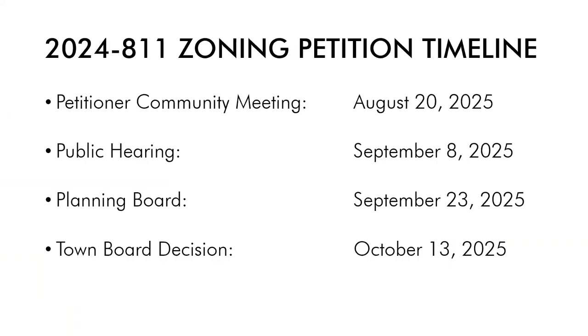We're anticipating a tentative public hearing date in September 8th, the early September meeting, which will be followed by a planning board meeting on September 23rd. Ultimately, a town board decision could be rendered on October 13th. Again, these are subject to change. The process cannot be any quicker than what is on the screen, but it could be delayed.